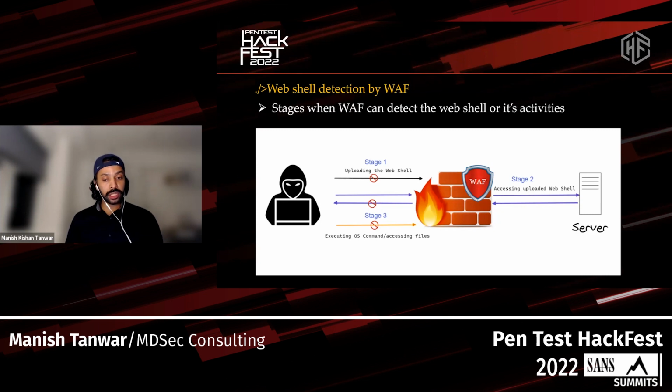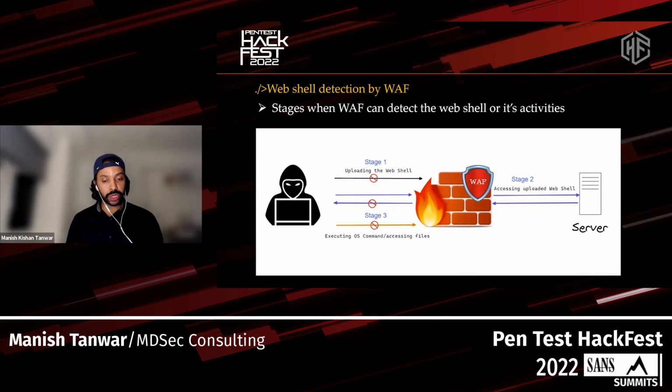Then we have another phase, stage three. Anyhow, we managed to bypass stage one and stage two. Now when we are executing a command or browsing a directory on the web server, let's say the etc directory or something, again the web application firewall is going to detect the pattern.